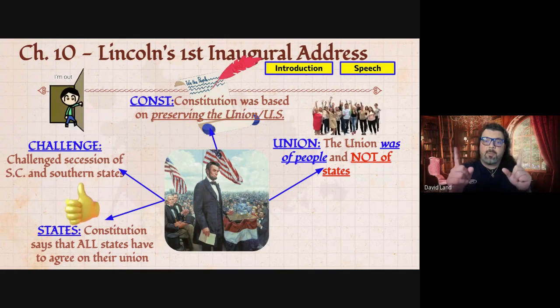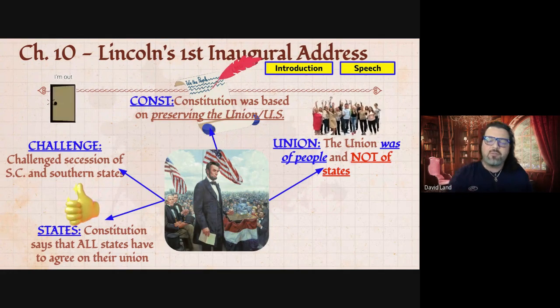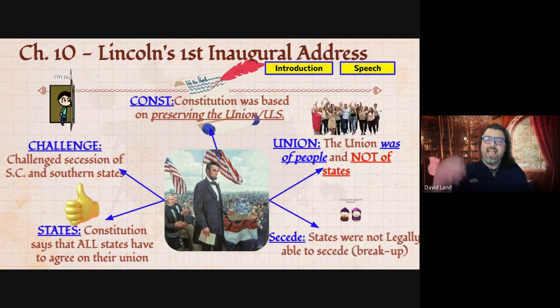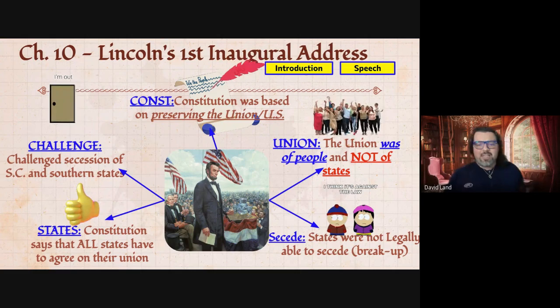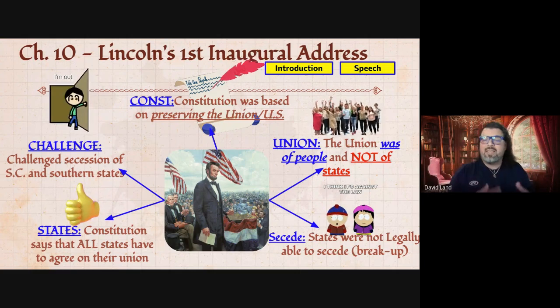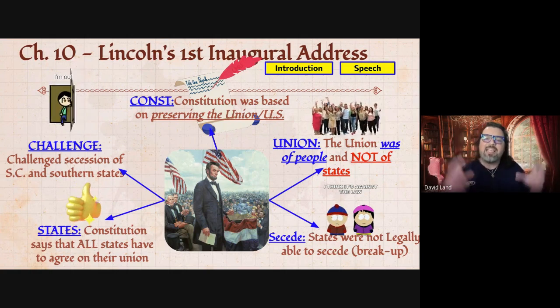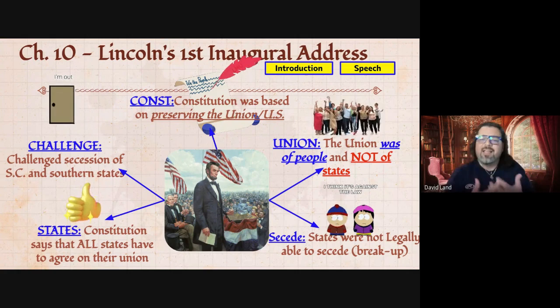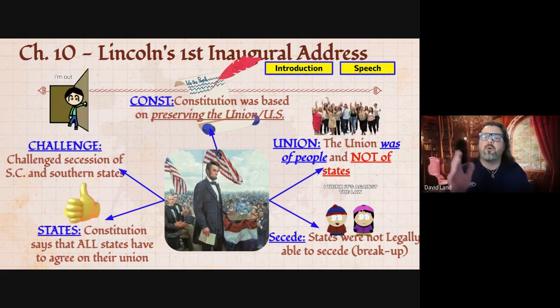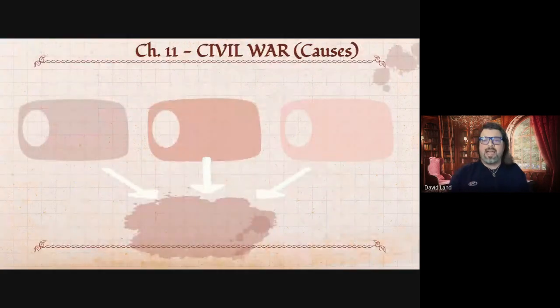Popular sovereignty, remember? In other words, you states don't have the right to take your people out of America. You have to stay with us. And last but not least, again, secession. It was not legal in his eyes according to the Constitution. So his whole first speech is about secession, keeping the Union together. He was hyper-focused on keeping the states united, which won't happen.